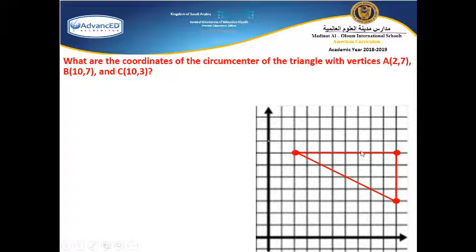The midpoint of the horizontal is here, and the midpoint of the vertical is here. By drawing the two perpendicular bisectors, we get this point of intersection, this circumcenter, because we have a right triangle. Then the coordinate of the circumcenter is (6, 5).